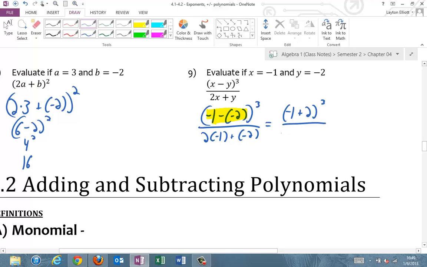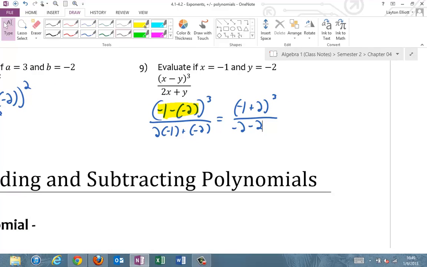Denominator, I have 2 times negative 1, or negative 2, plus negative 2 is actually minus 2. And remember, I'm actually looking at the denominator and simplifying that because the denominator is its own grouping symbol. Negative 1 plus 2 is 1, so I have 1 cubed. Negative 2 minus 2 is negative 4. 1 cubed is 1, so that's 1 over negative 4, which is the same thing as negative 1/4.